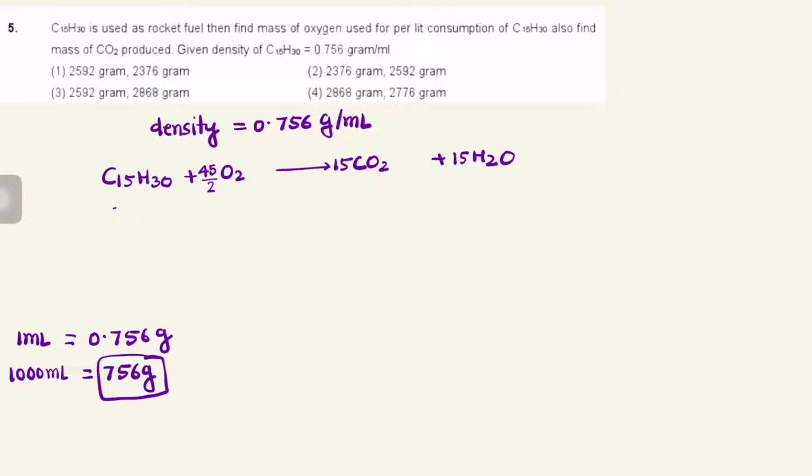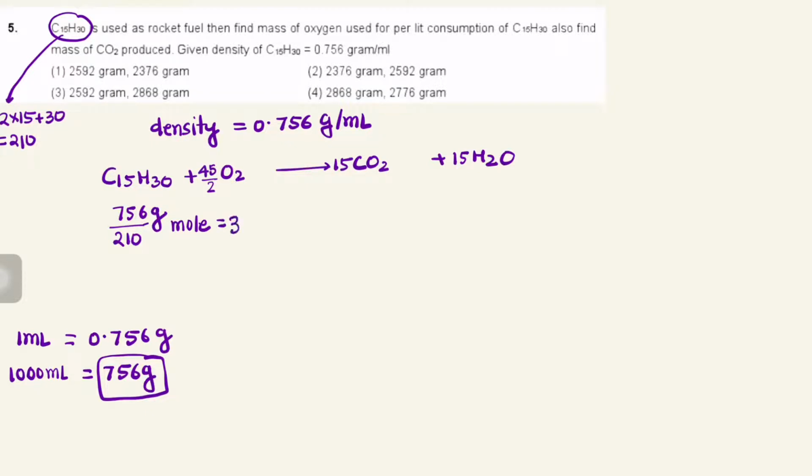We are doing the combustion of 756 gram of that. Now the molar mass of this will be how much? It will be 12 into 15 plus 30, that will be equal to 210. That is the molar mass. So what is the mole? Mole is 756 by 210 mole, that is equal to 3.6 mole.